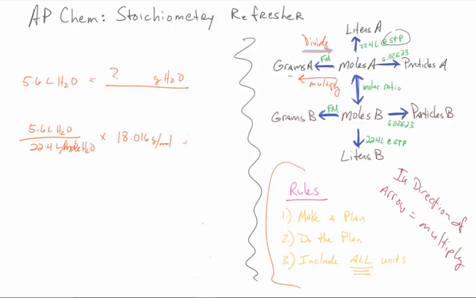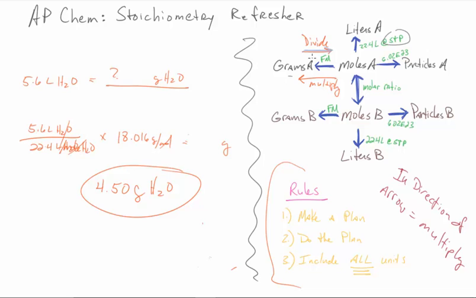All right, and so moles would all cancel out, the liters cancel out, and so I'm left with grams, and all I've really got to do is just type this crazy thing into the calculator. And let's see, times 18.016, hit enter, and I should end up with 4.50 grams of H2O.